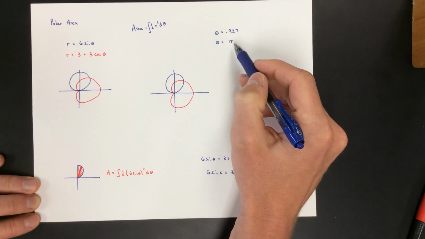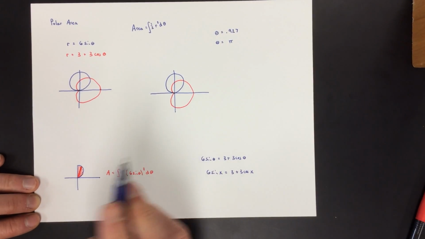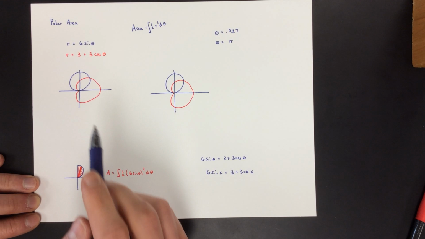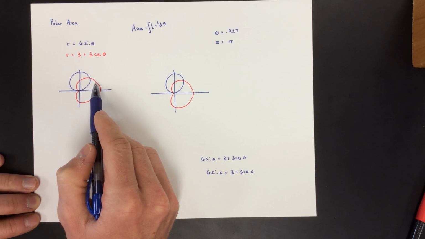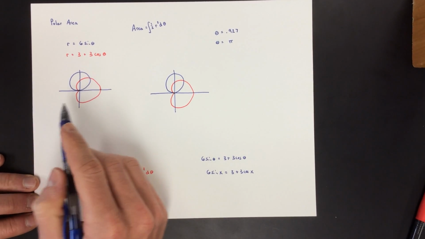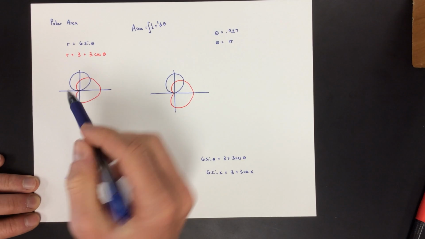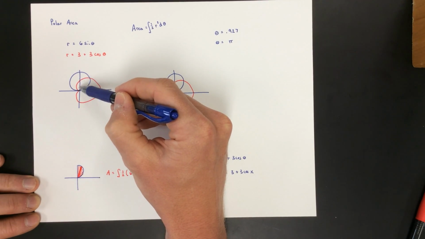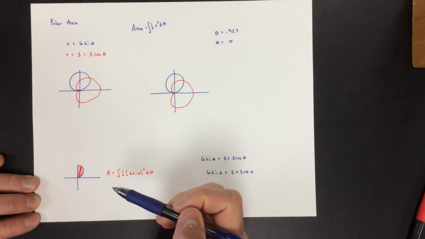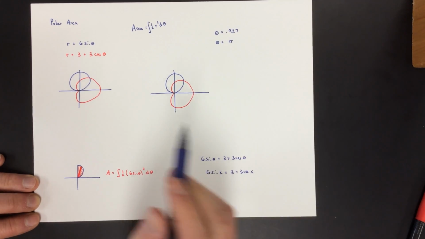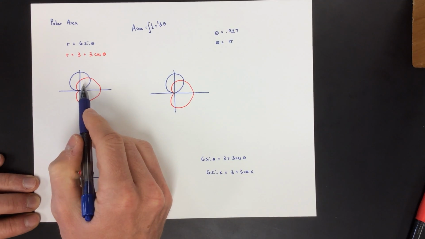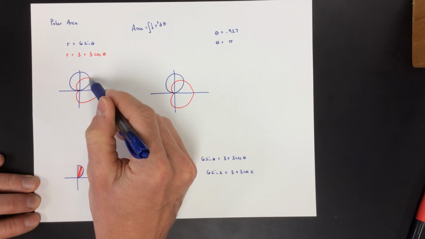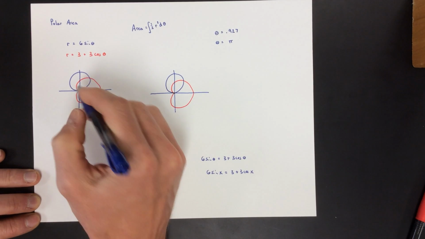Okay, so let's say we have those two angles, and now I want to find the area inside the circle and inside the cardioid in quadrant 1. So inside both curves in quadrant 1, so I'm talking about this area right there. How do you do that? Well, in this case, you're going to have to do two integrals, because this area is bounded here by the blue and here by the red.